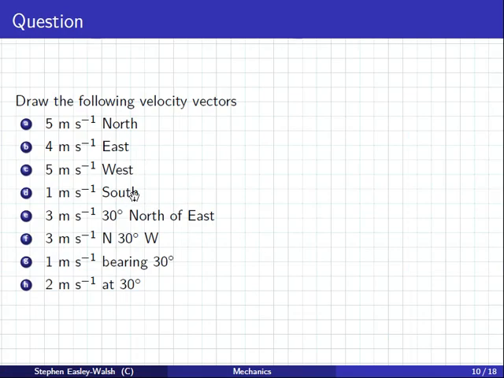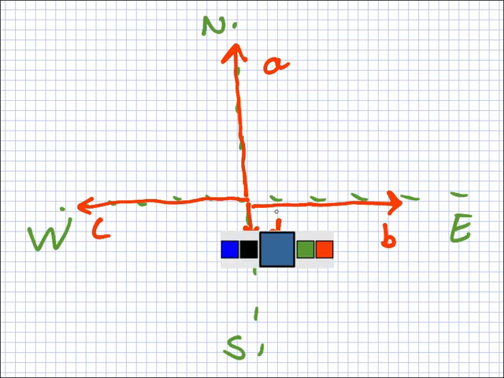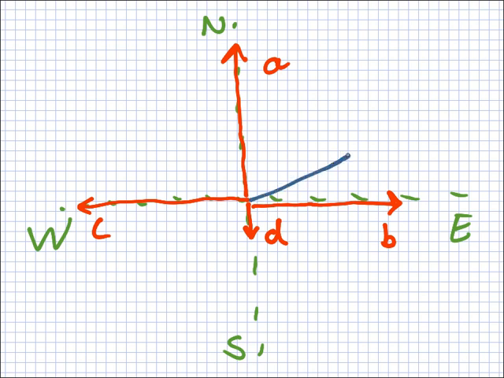Now on to the hard ones. Who knew this one? 30 degrees north of east. That's it. So 30 north of east. Less than 45. You put the 30 here.